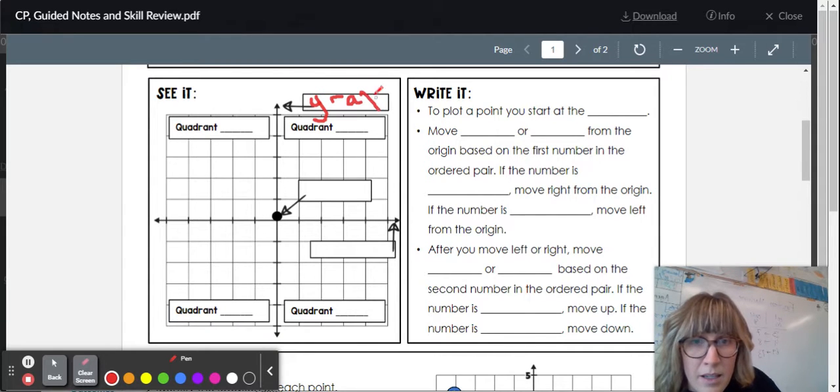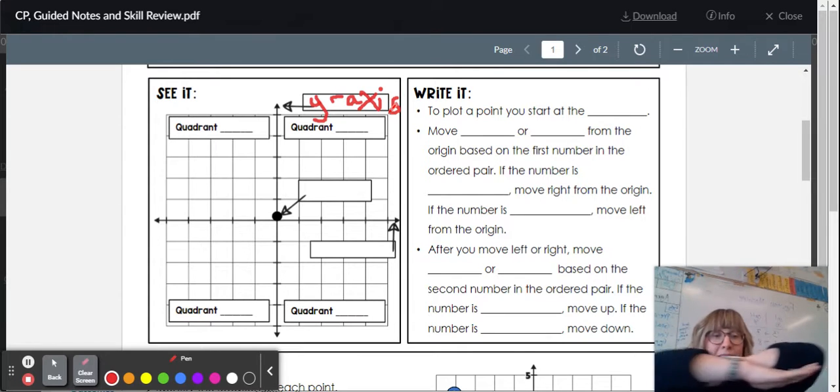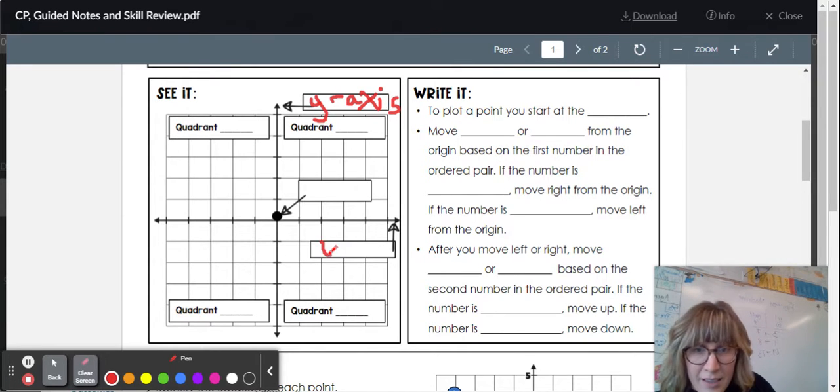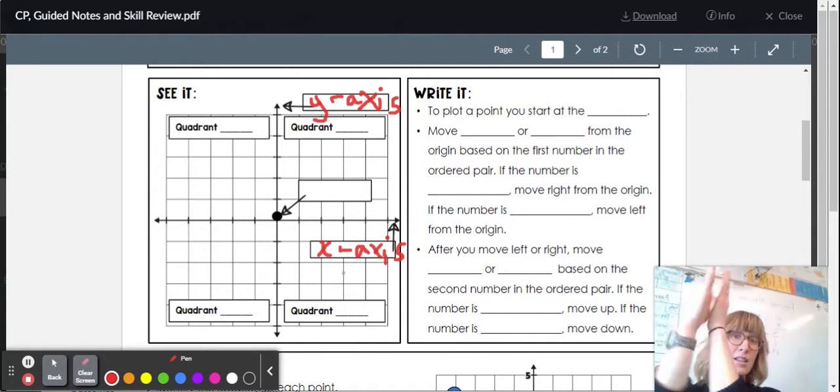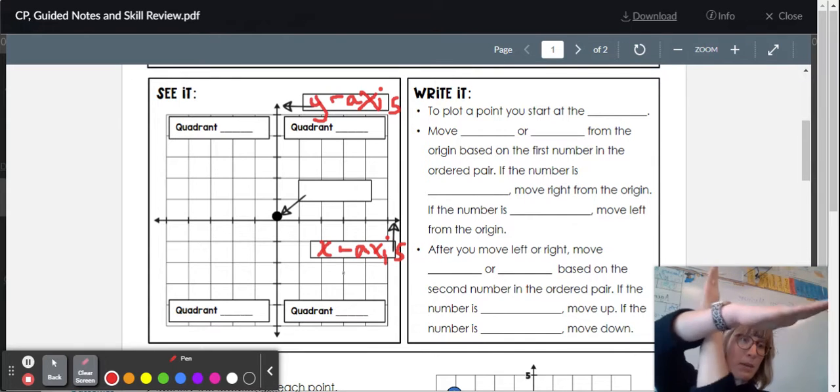And this right here going side to side is our x-axis. A-X-I-S.